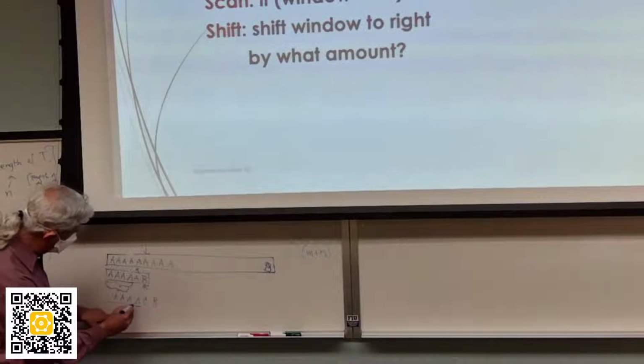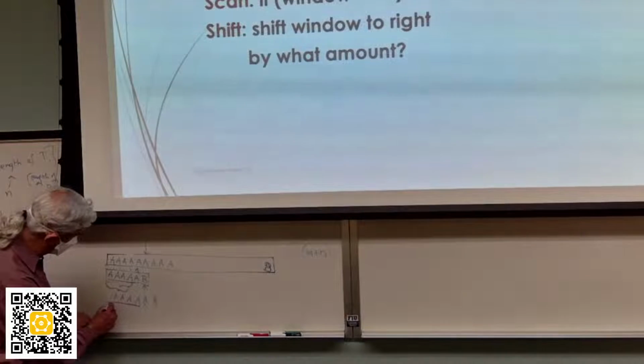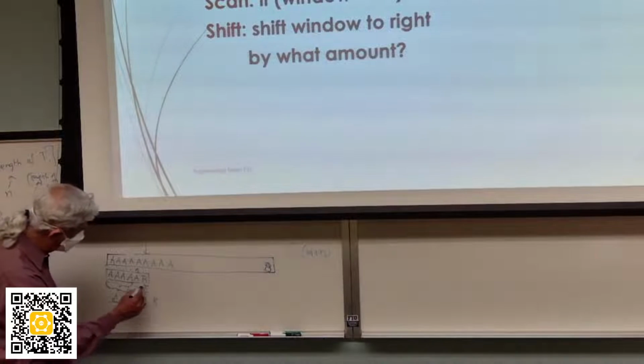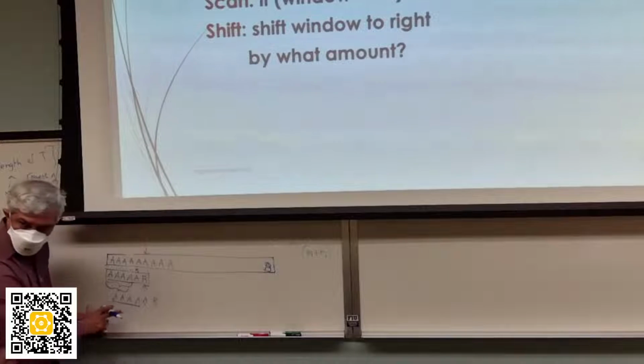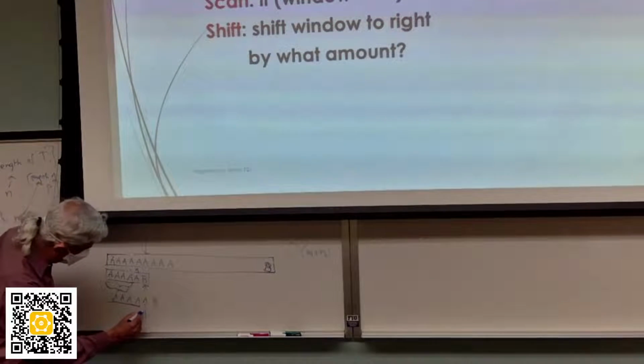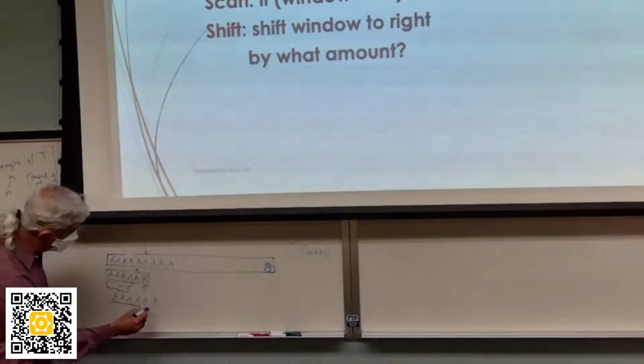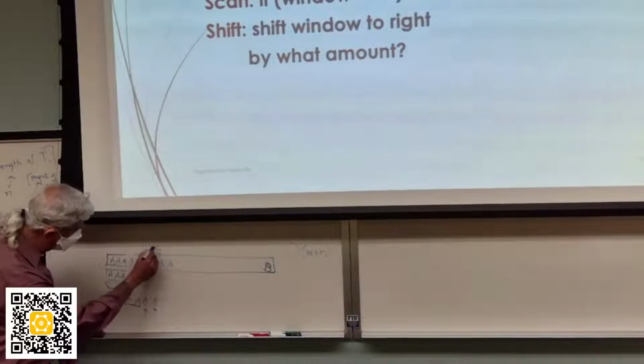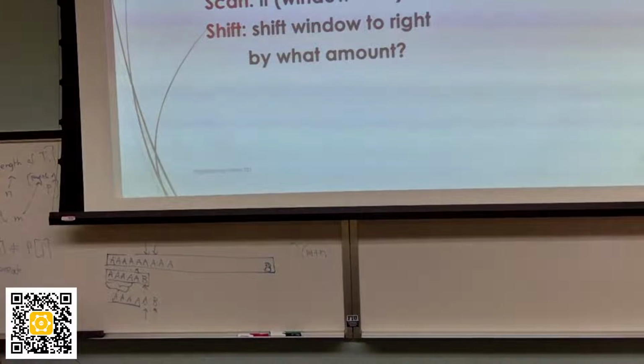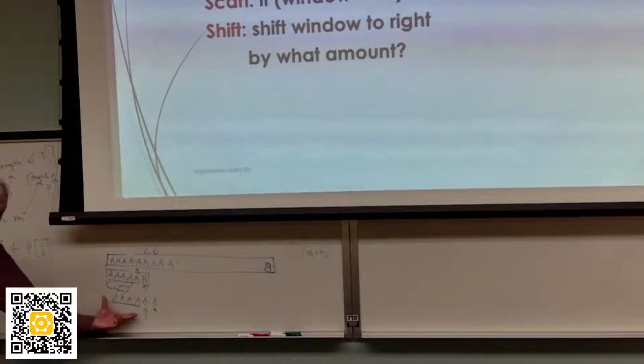I now don't have to match all of this again. I will rematch this A, but this has now moved, so the pattern pointer is now over here. I will rematch that and then move over here and find a mismatch there. That's it. All this I didn't have to rematch again.